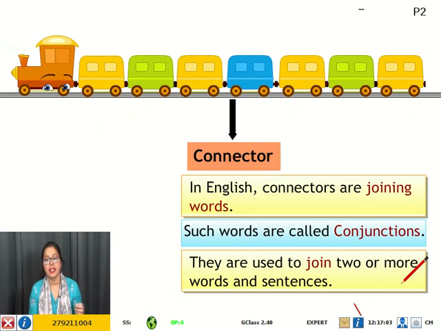In English, connectors are joining words, and such words are called conjunctions. They are used to join two or more words and sentences. Look at the third sentence very carefully. In fact, sometimes we can join more than two sentences through a connector.